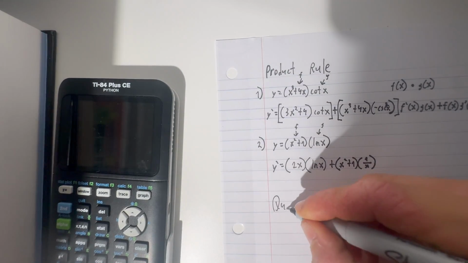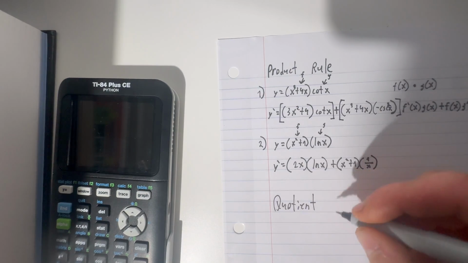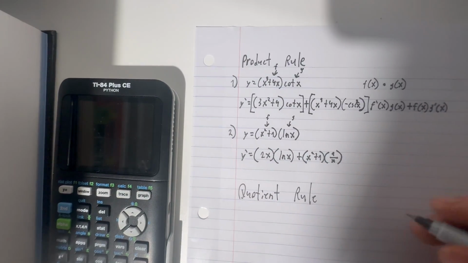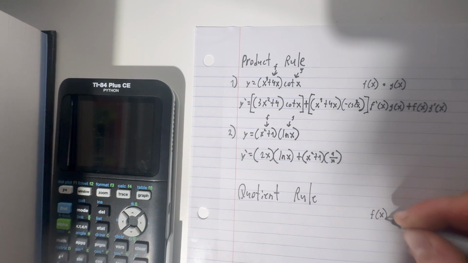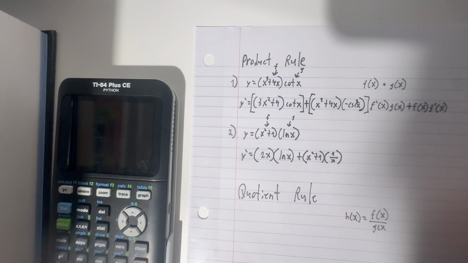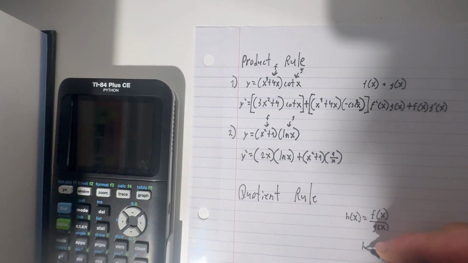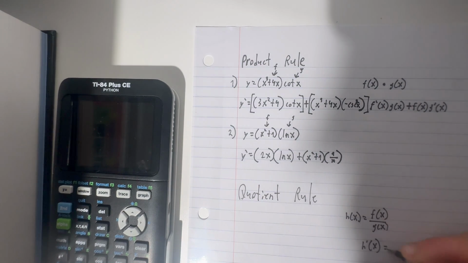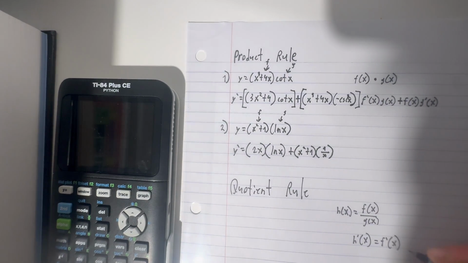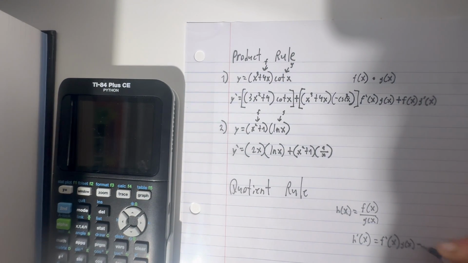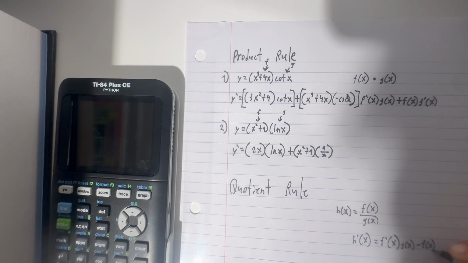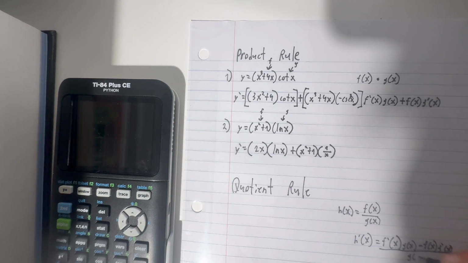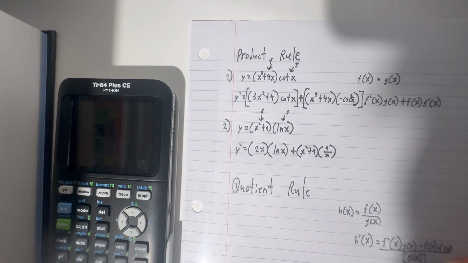Now we have the quotient rule, which is honestly very similar, and I'll demonstrate it right now. So again, if we have the function f of x over the function g of x, so let's say h of x is equal to f of x over g of x, the derivative of h of x will be the derivative of f times g of x minus f of x times the derivative of g of x over g of x squared.